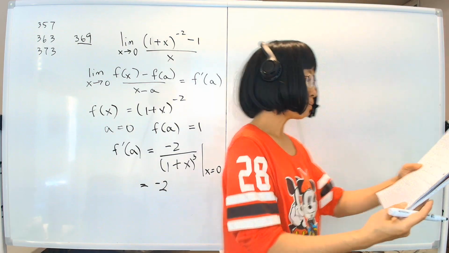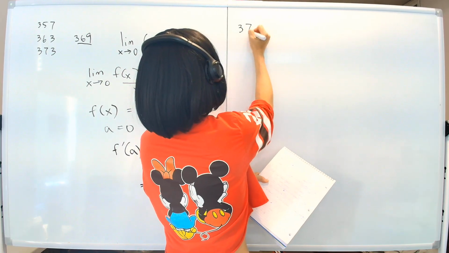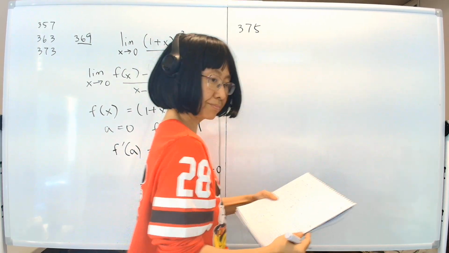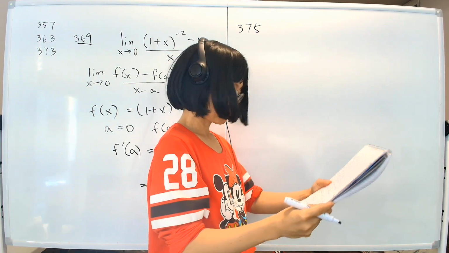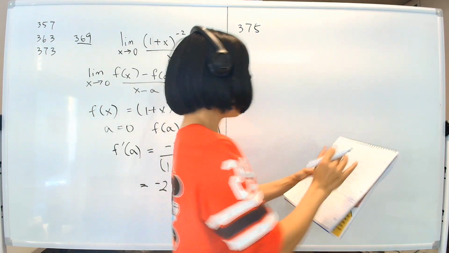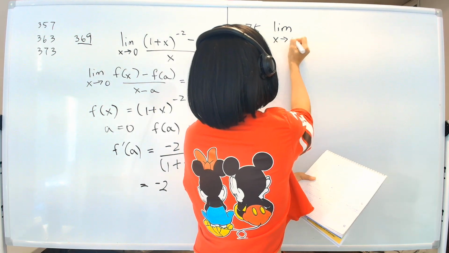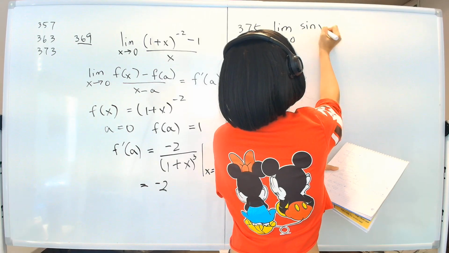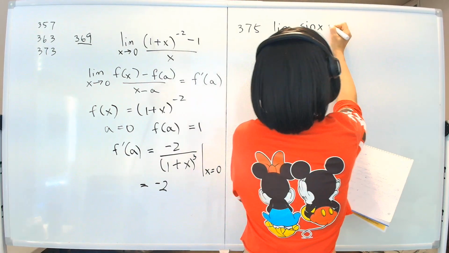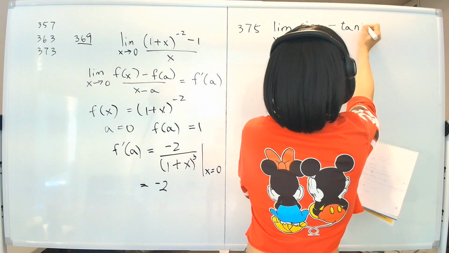Next, let's do problem 375. 375 is the limit as x approaches 0 of sine x minus tangent x, over x cubed.